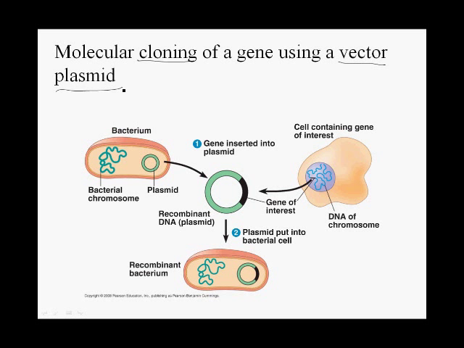This illustration from the Campbell textbook shows the insertion of a particular DNA segment into a plasmid vector, which generates a recombinant DNA molecule. A plasmid is a circular DNA molecule, in this case found in bacterial cells.